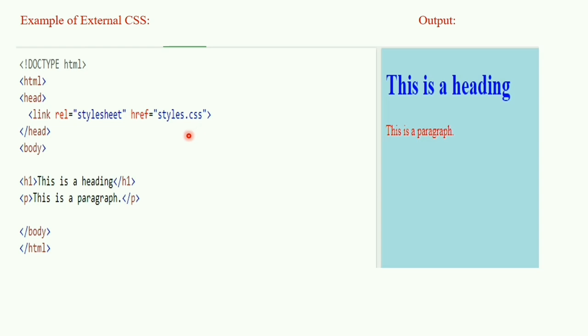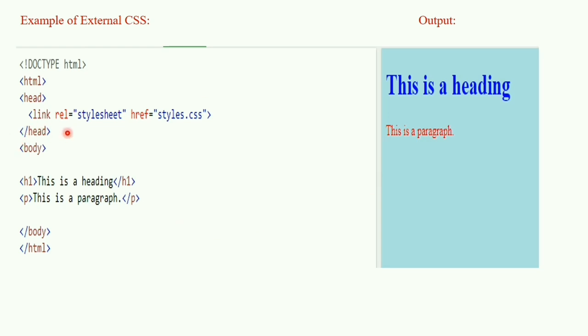Here the styles.css text file is linked with external.html. Okay, so this file will give the effect to those particular elements which are used here in the external.html file. So see how it works.